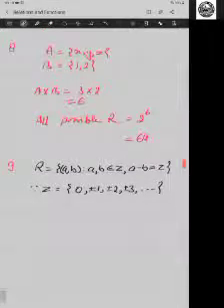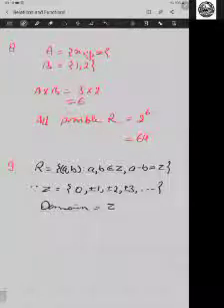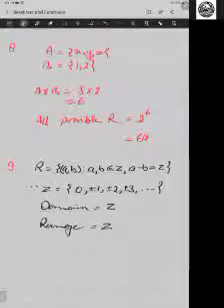So domain equals Z, range equals Z. Means domain and range both will be integers, because integer minus integer will always be an integer, whether it is coming 0, minus 1, plus 1, minus 2, plus 2, whatever result we are getting, that will ultimately be an integer.